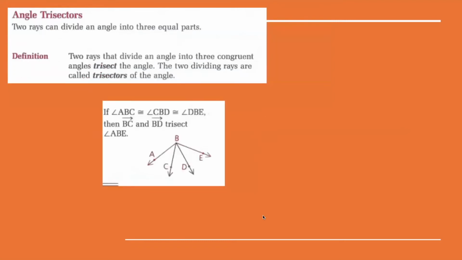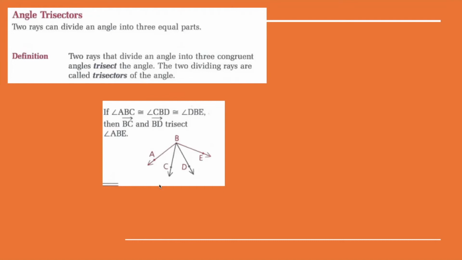Angle trisectors. Two rays can divide an angle into three equal parts. The definition of an angle trisector is two rays that divide an angle into three congruent angles trisect the angle. The two dividing rays are called the trisectors. If angle ABC is congruent to angle CBD and is congruent to angle DBE, then ray BC and ray BD trisect angle ABE.